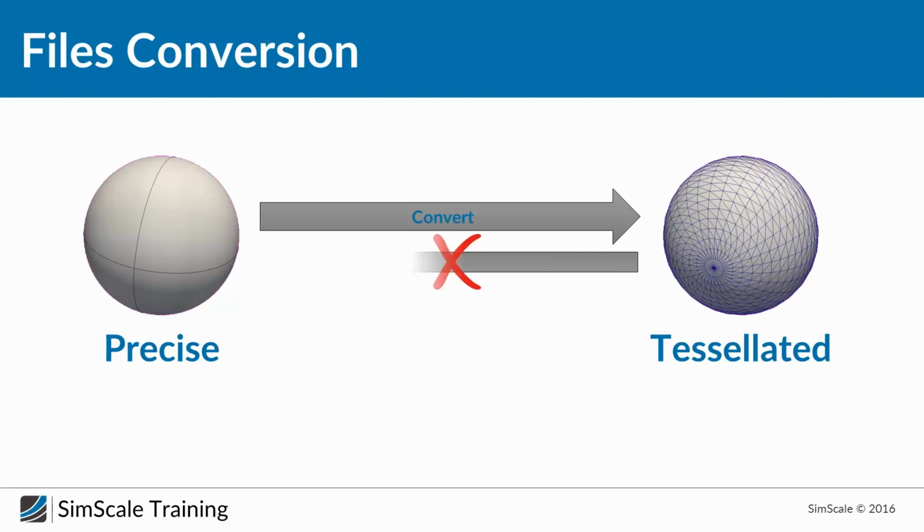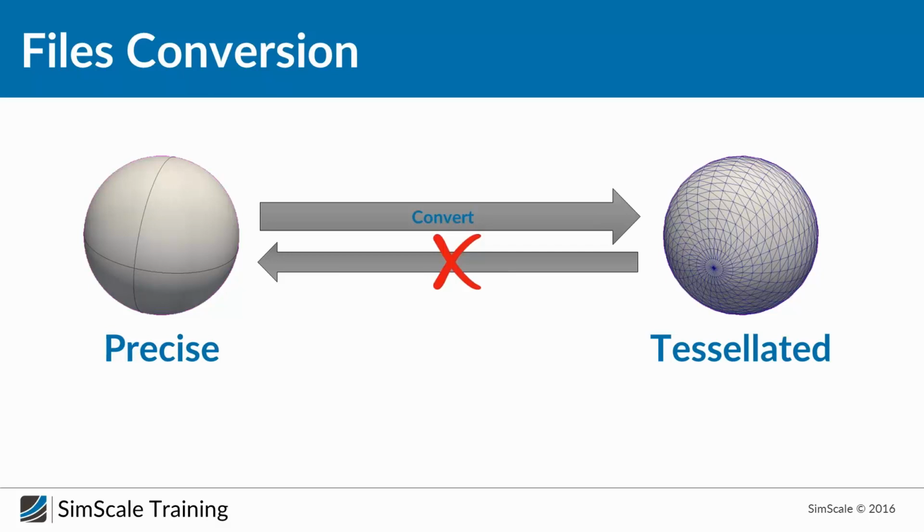But the reverse is not possible. If you already have an existing tessellated surface, you can't go back to the precise surface, because when you create your tessellation, you lose the NURBS representation.